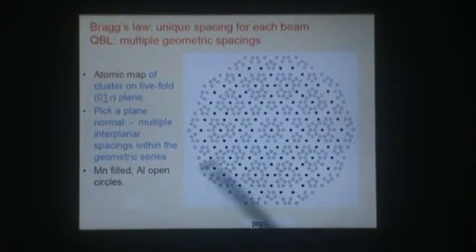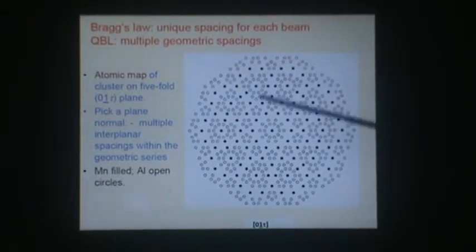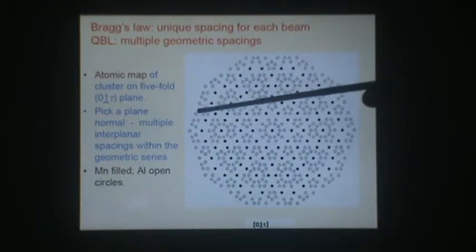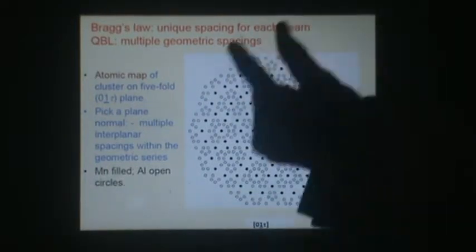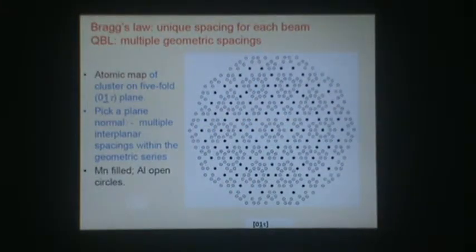Quasi-crystals are more complicated. Pick a plane normal, and it will be obvious to you that each diffracted line is due not to a single spacing periodically repeated as in a crystal, but it's produced by multiple interplanar spacings.